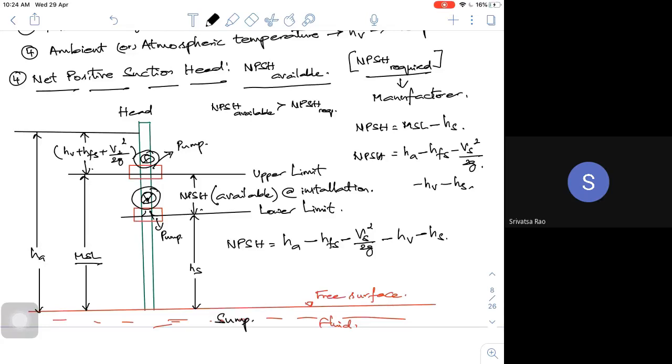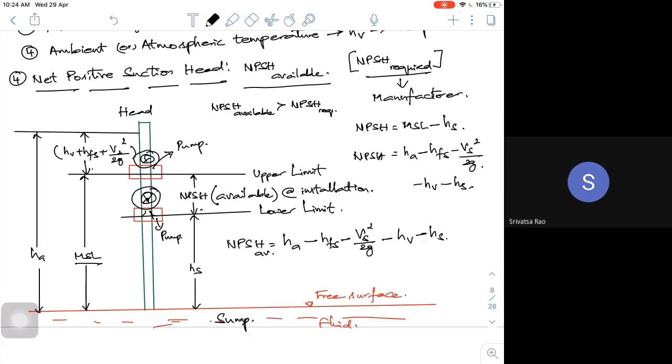So NPSH available will clearly tell me how I should place my pump to avoid cavitation, and this will be at the lower limit or slightly above your lower limit. I can't always place the pump at the maximum suction limit. NPSH required will be there, maybe some 0.2 meters.